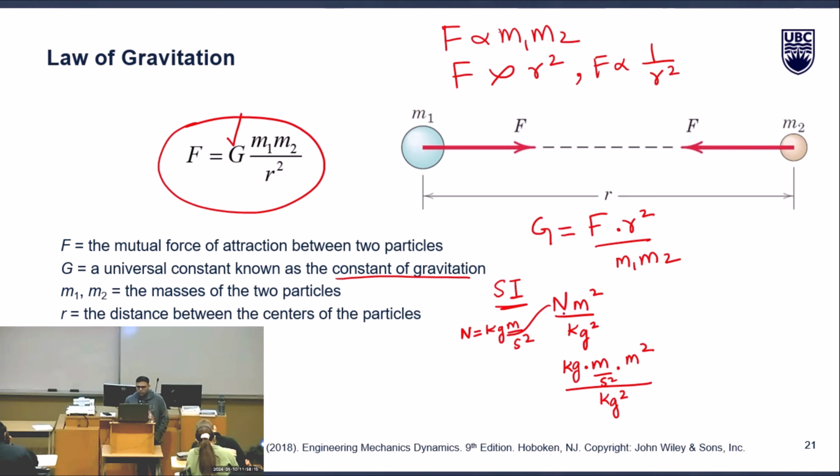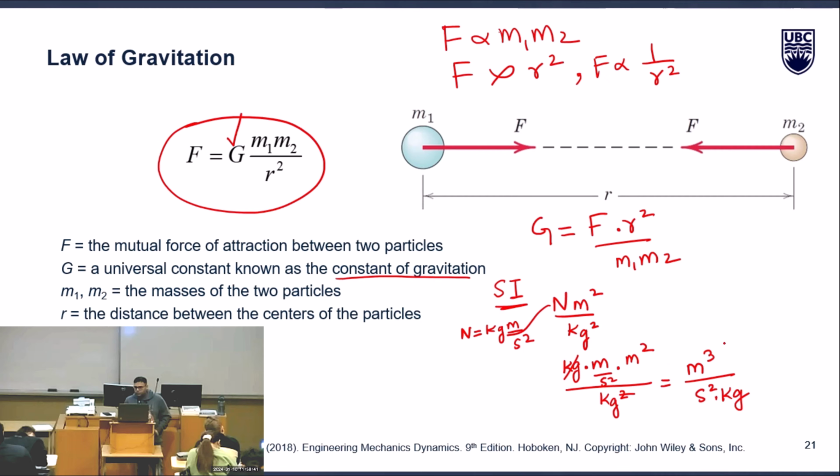So I simply replace Newton with kg meter per second square in the SI system, and let's cancel out 1 kg with that, and second square will come down, and the final units will be meter cube over second square times kg, right? Everyone is clear with that? How I came up with these units?